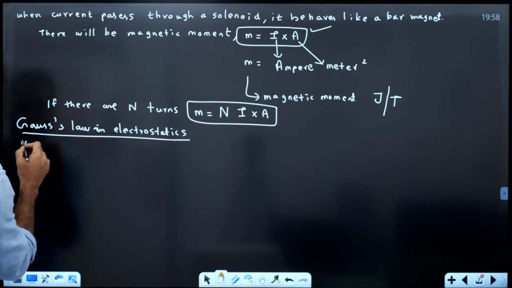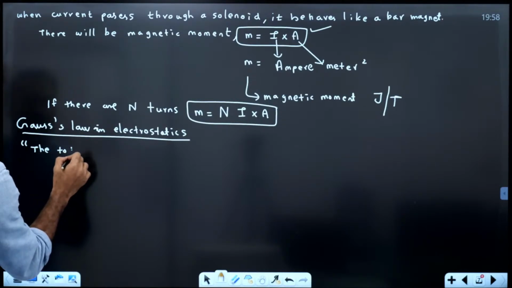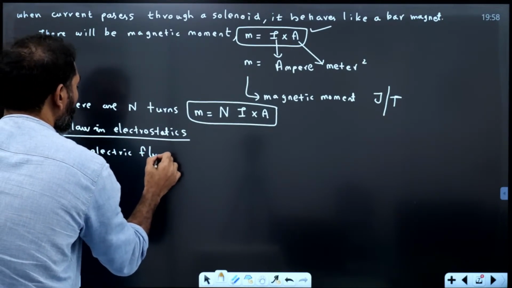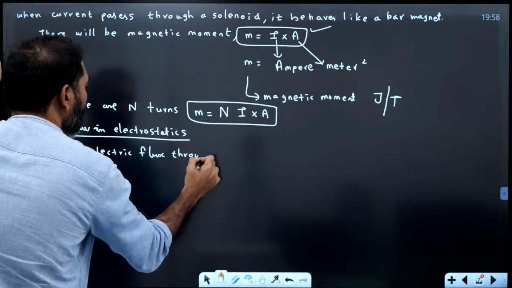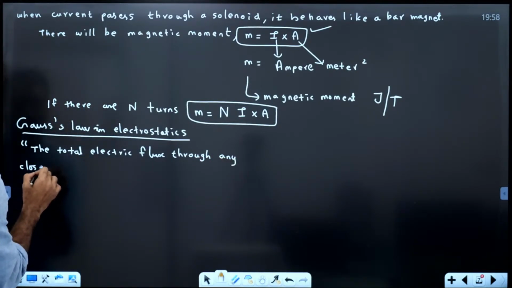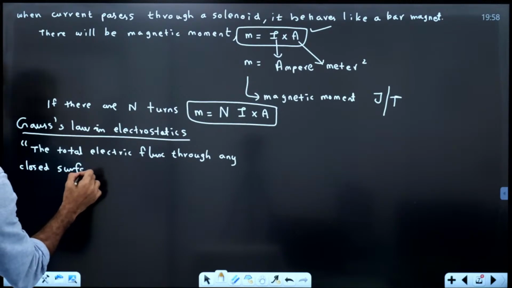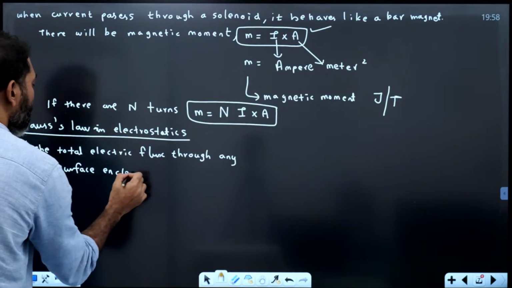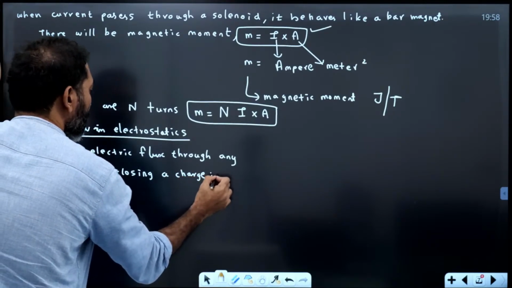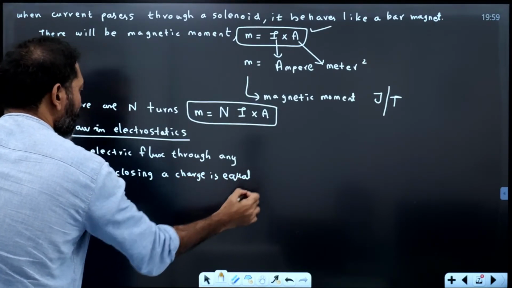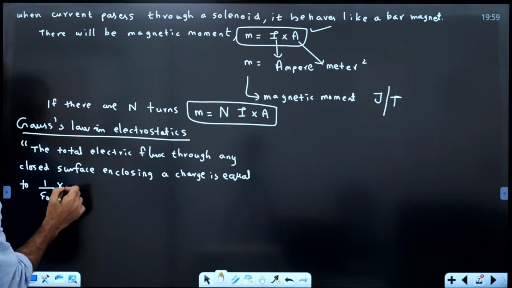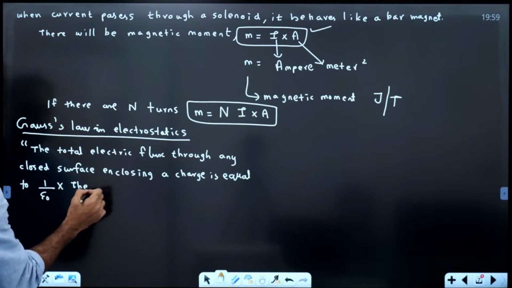The total electric flux through any closed surface enclosing a charge is equal to 1 by epsilon 0 times the total charge enclosed.